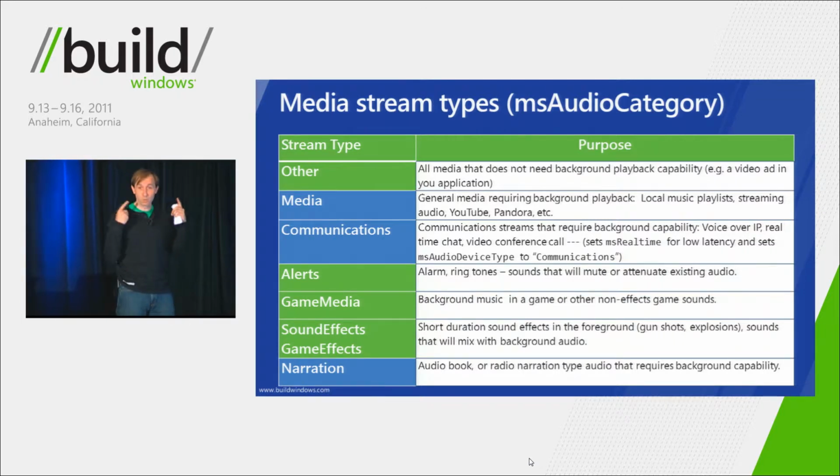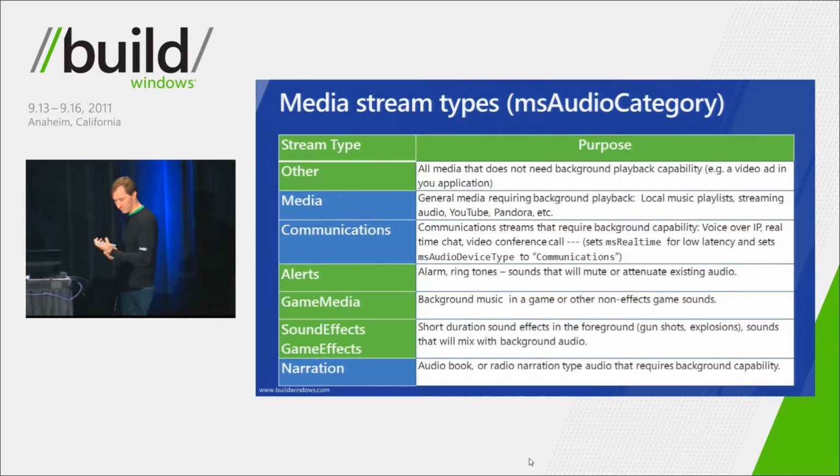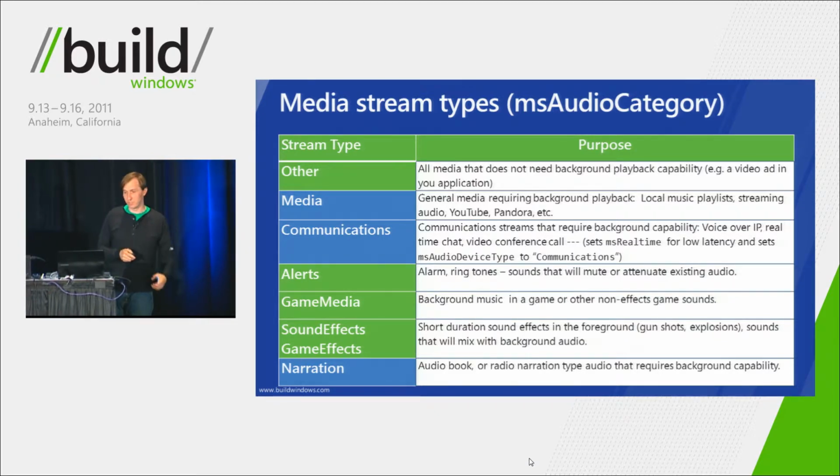That means that if the user has a headset connected, the audio will come out of the default communication device. Usually if you plug in a headset, that will automatically become your default communication device. There's actually a talk about that: 778, Media Fundamentals of a Communications App. If you're interested in how to build a communications app, that's the talk to go to. They also drill deeper on the low latency feature.